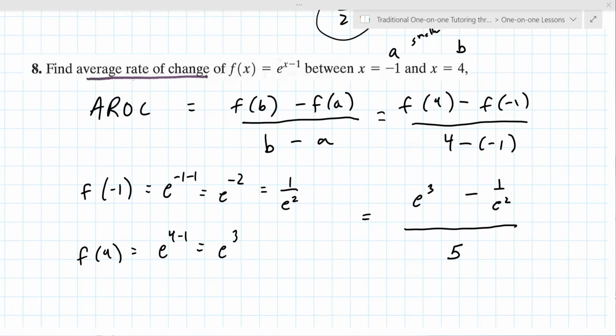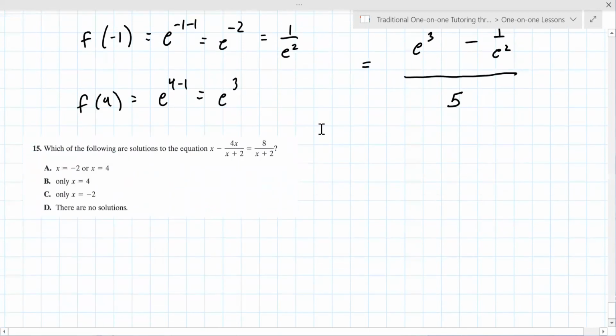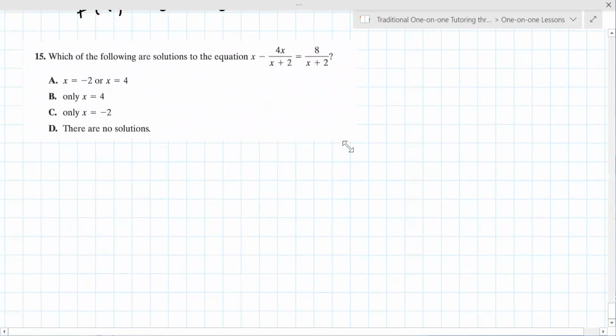Which of the following are solutions to the equation? Your exam will probably just say to solve. I don't know why instructors do this, but they do.